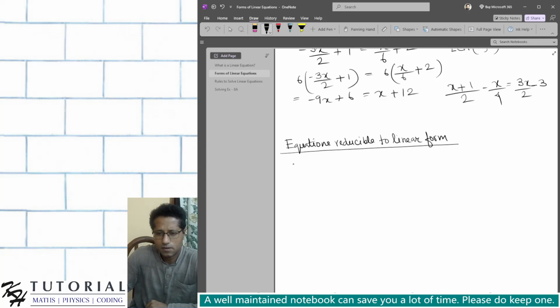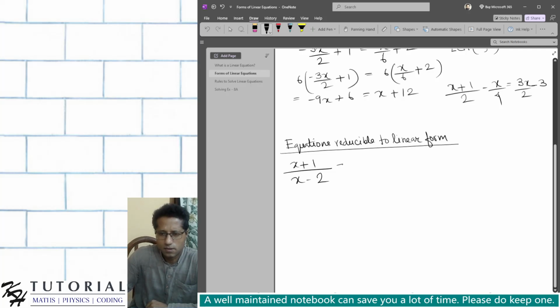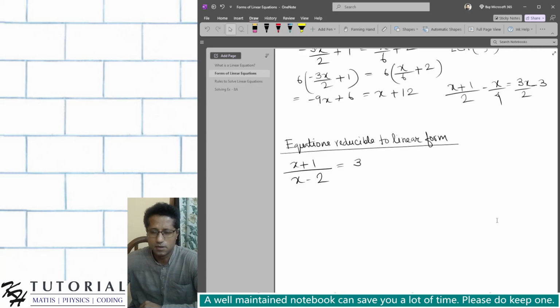For example, x plus 1 divided by x minus 2 is equal to 3. The left hand side, x plus 1 divided by x minus 2, is not a linear polynomial, and hence this entire equation is not considered to be in the linear form.